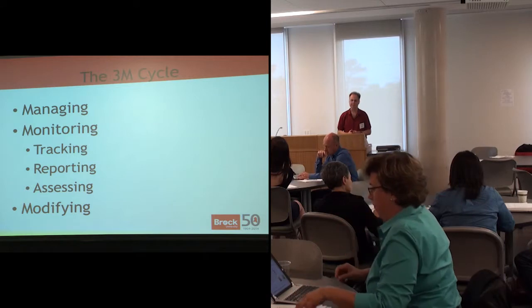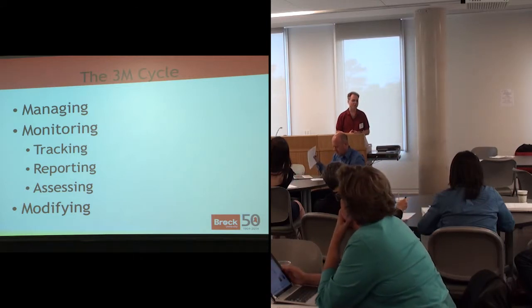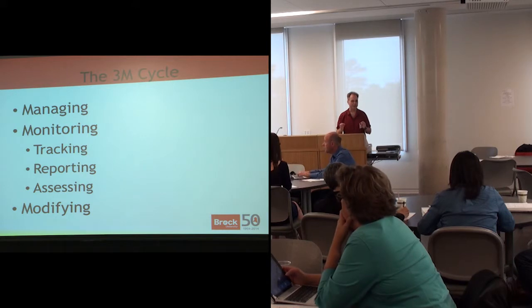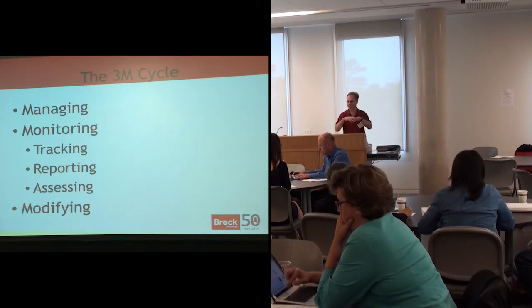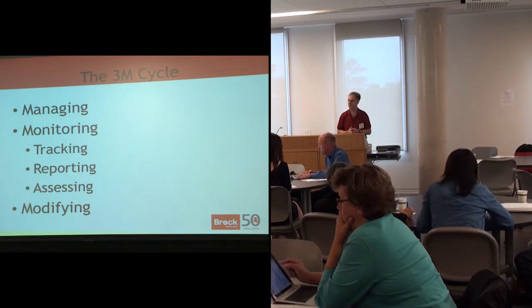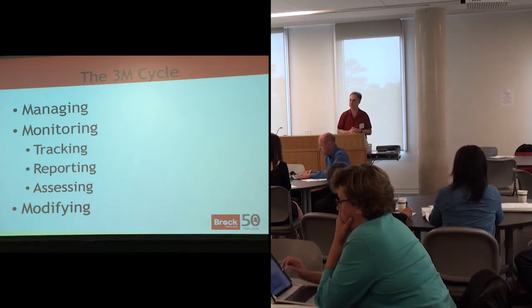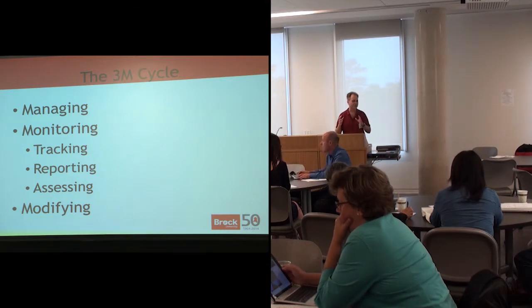And so the tracking is something that everybody who's part of a project will be doing for their own particular project work. Everyone who's part of a project will be reporting that to the project manager, who puts it all together in terms of overall sense of how the project's going, probably also reporting that to the project sponsor. And then if there are issues in terms of the project needs to be rescoped, it needs to be retimed or whatever, then that's through an assessment process, which can lead into the modification.